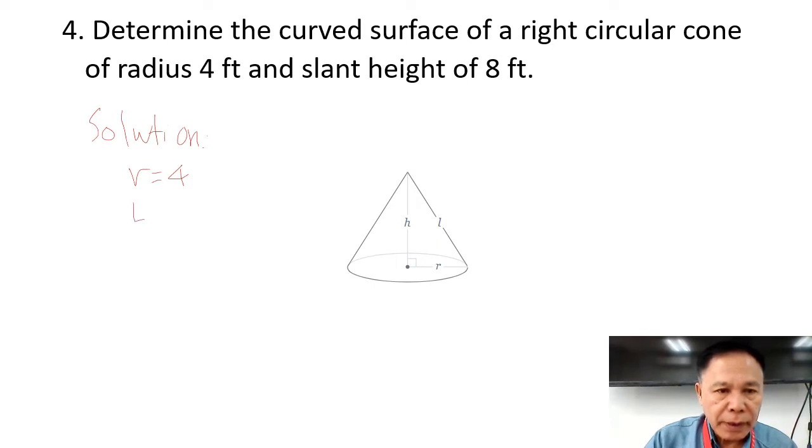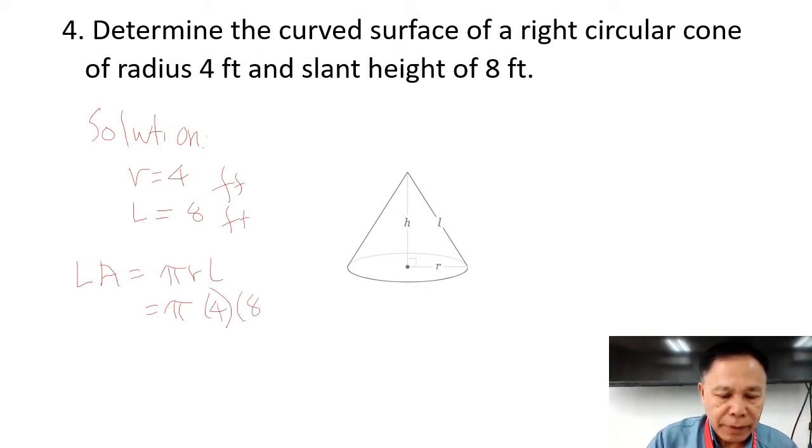Your slant height L is equal to 8 feet. So your lateral area would be equivalent to pi RL equals pi times 4 times 8 equals 100.53 feet squared.